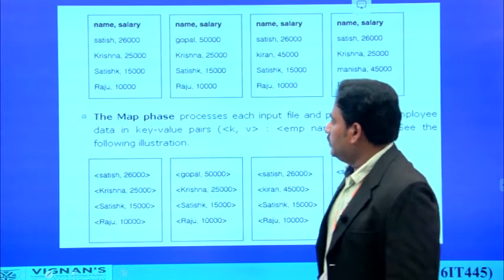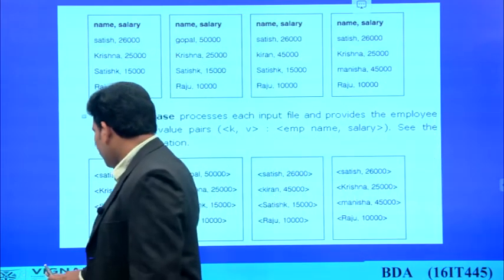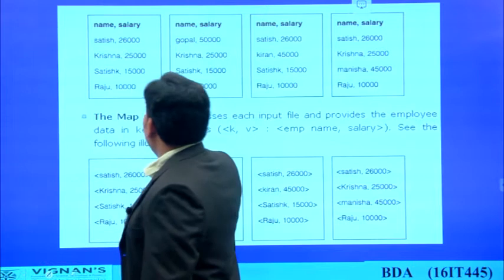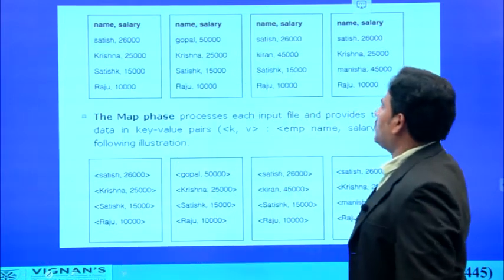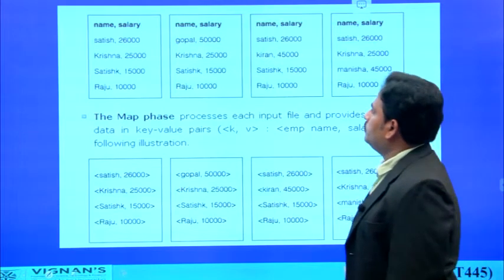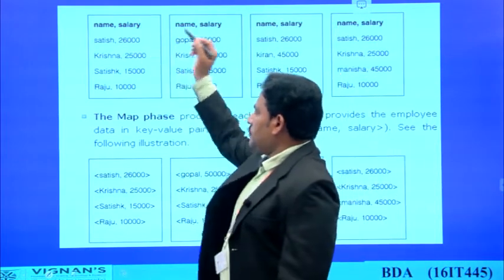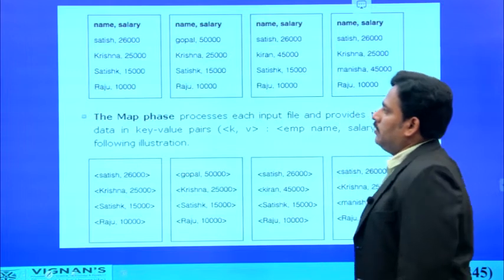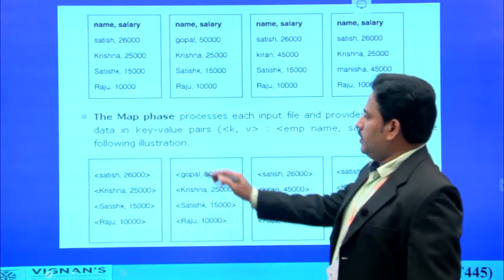Now have a look at this employee table. Here we are having the name and salary of various employees. So let us take this first record. Let us take the first block.